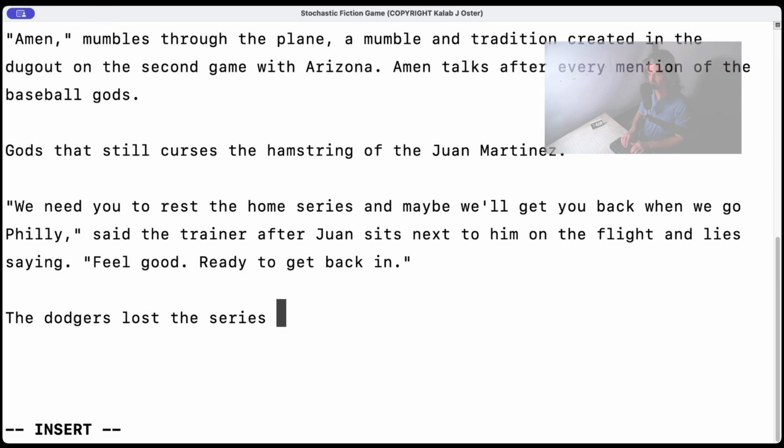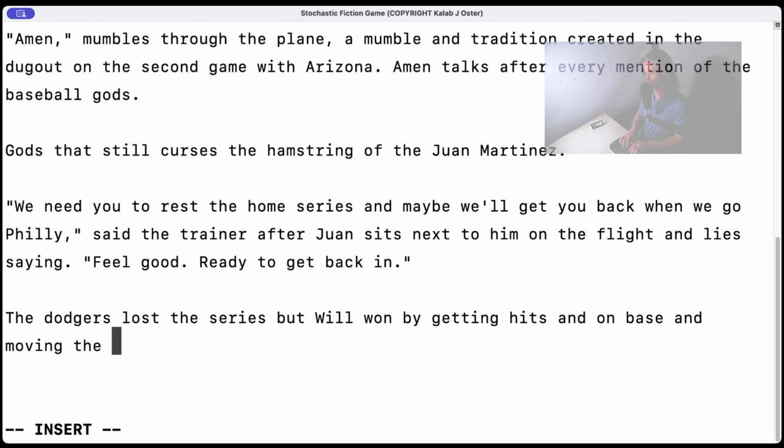Lost a home series, but Will won by moving up, by getting hits and on base and moving up the batting order from 7th to 2nd.